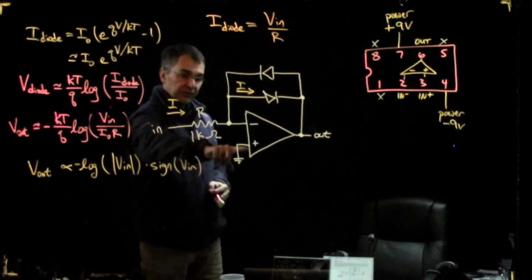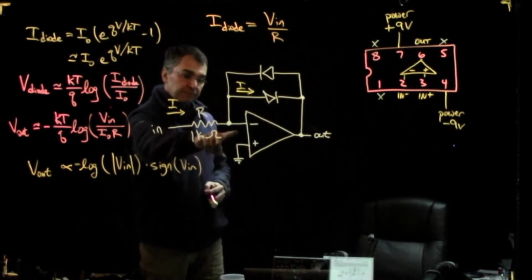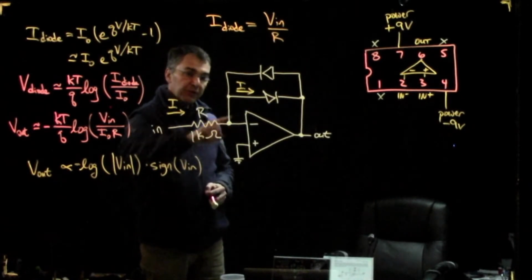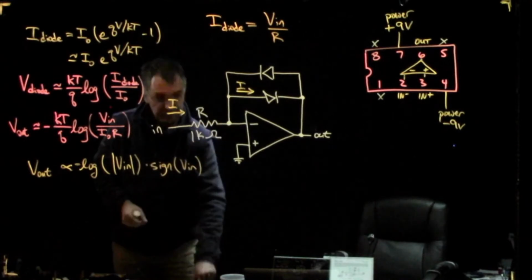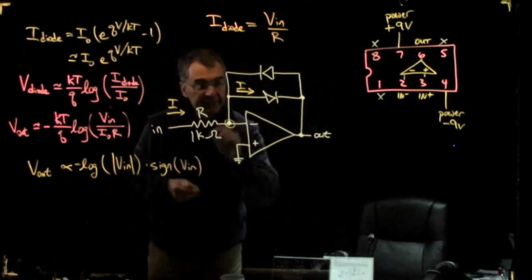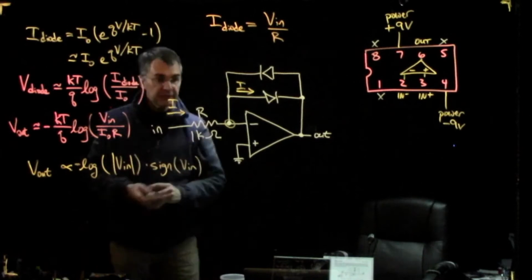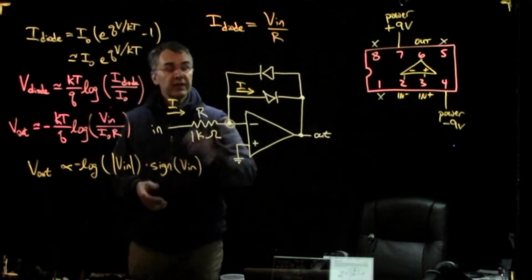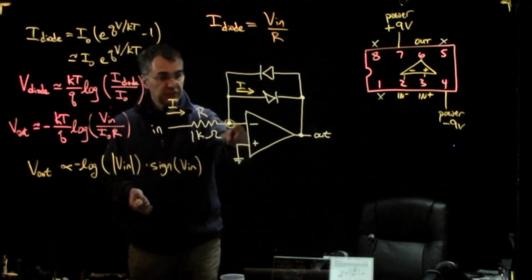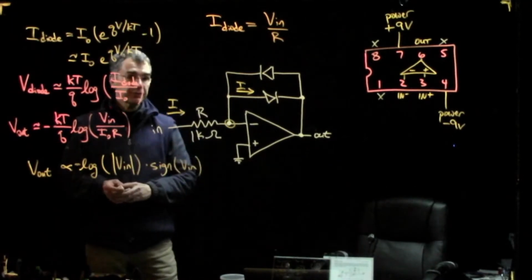Because this non-inverting input is grounded, the inverting input is known as a virtual ground. Basically, negative feedback will keep this point at ground so that it matches the non-inverting input.